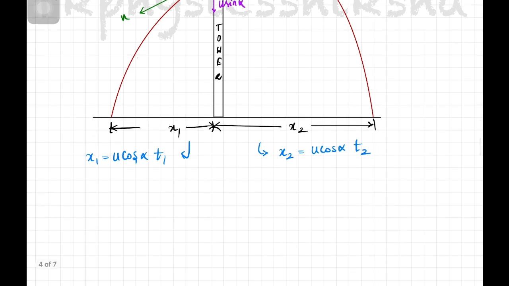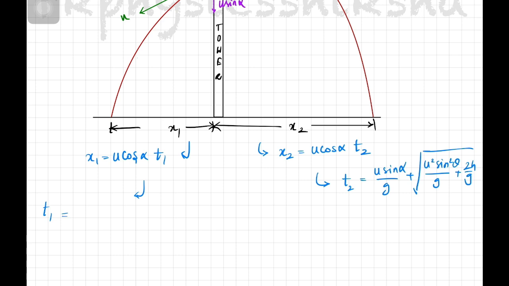In the previous videos we have already clearly learned the time taken when you project an object upward. That is, t2 is equal to u sine alpha by g plus root of u square sine square alpha by g square plus 2h by g, where the angle of projection is alpha. Similarly for time t1 we have a formula, which we derived in the previous videos: t1 is equal to minus u sine alpha by g plus root of u square sine square alpha by g square plus 2h by g.